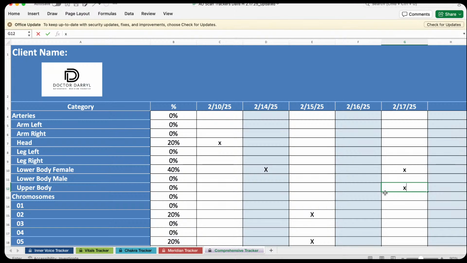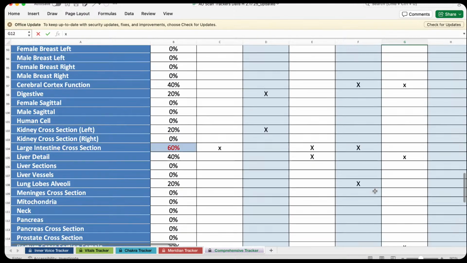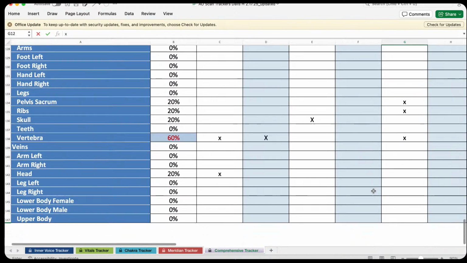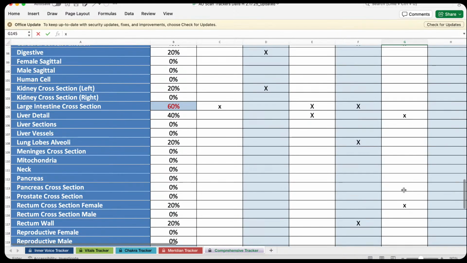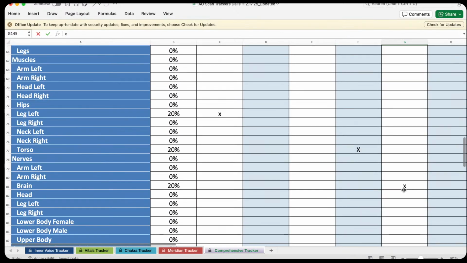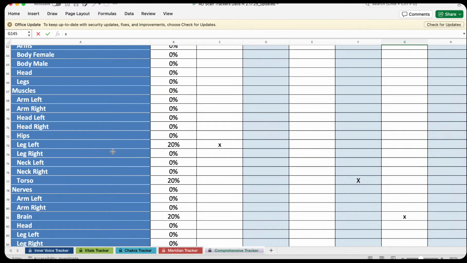All right. Veins, lower body, female. All right. Muscles, left leg. All right. Muscles, right leg. Okay.